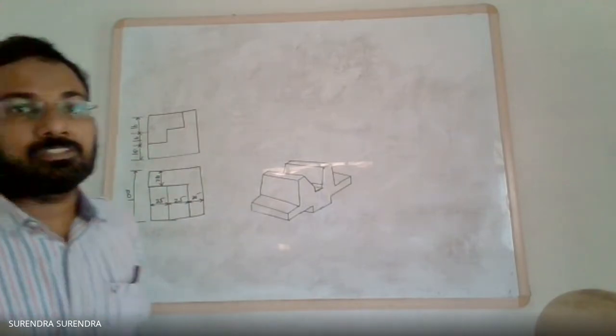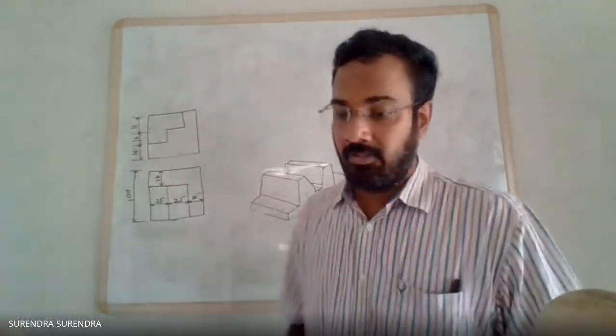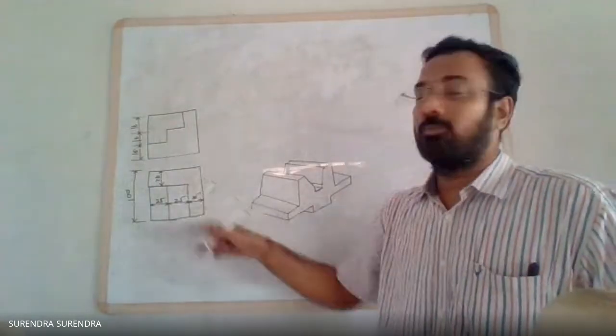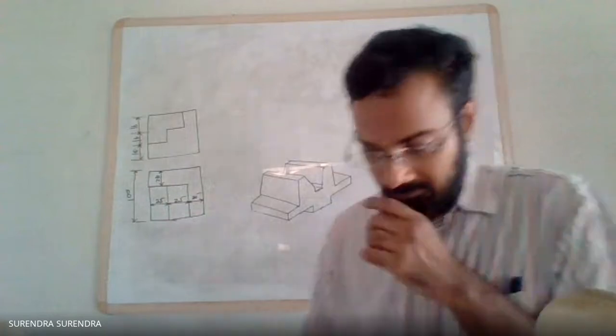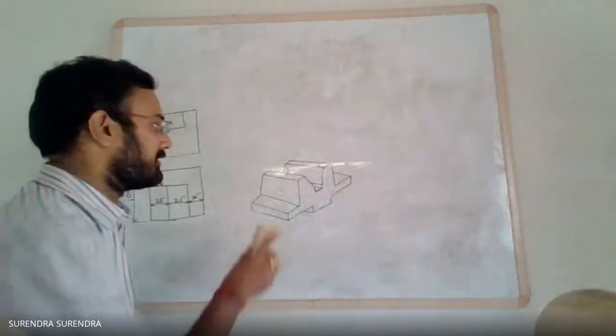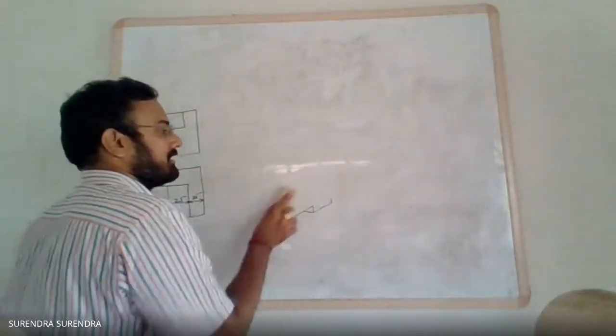With this, we have to complete the front view; front view and top view are given, and we have to draw the isometric view.